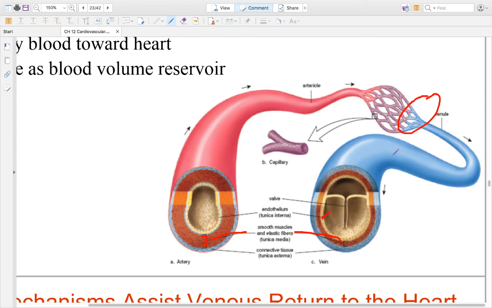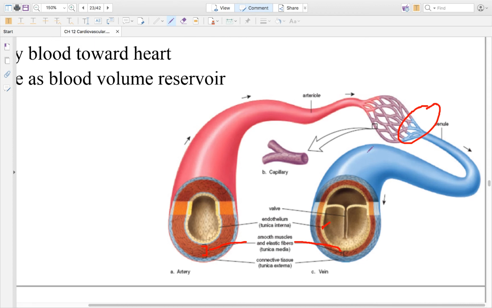Okay, now these veins are carrying CO2 and waste, and they need to get back to the heart, and it's pretty hard to move that blood. Let's say you have veins everywhere. So let's say this is coming from your legs. How do we get it to the heart? The veins have a very specialized system of doing so.